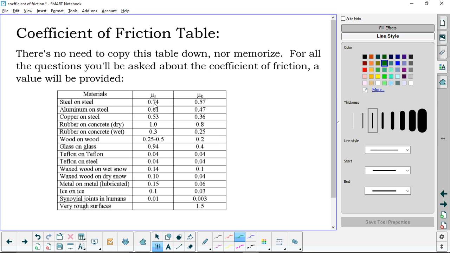So if you see steel on steel here, when you have steel rubbing up against steel, static friction is 74% of the normal force, whereas kinetic friction is 57% of the normal force. So take a moment, read through this table, and think of examples of these two types of surfaces rubbing together.